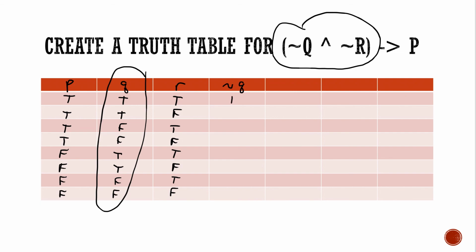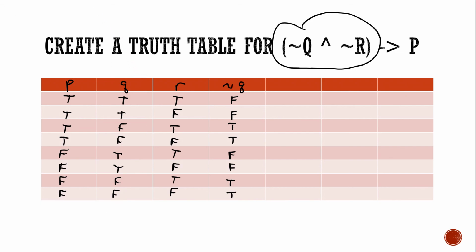So this will become false, false, true, true, false, false, true, true. Now the next thing I notice is that I don't have a negation of R. I have the R column, but not the negation of R. So I'm going to add that in next. So now I'm going to take these R values and I'm going to do the opposite of these values. So instead of starting with a true, I'm going to start with a false.